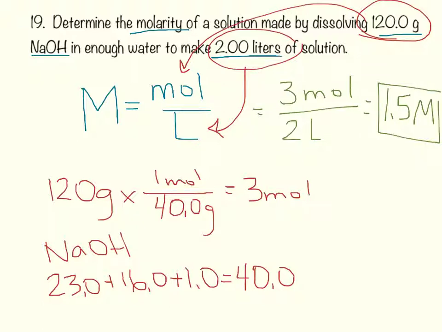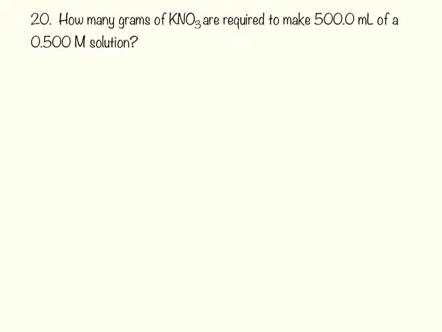Okay, let's look at the next problem. Number 20. How many grams of KNO3 are required to make 500 milliliters of a 0.500 molar solution? So molarity is moles divided by liters, but notice that this is 500 milliliters, so that's going to have to convert to liters before I can do anything else.